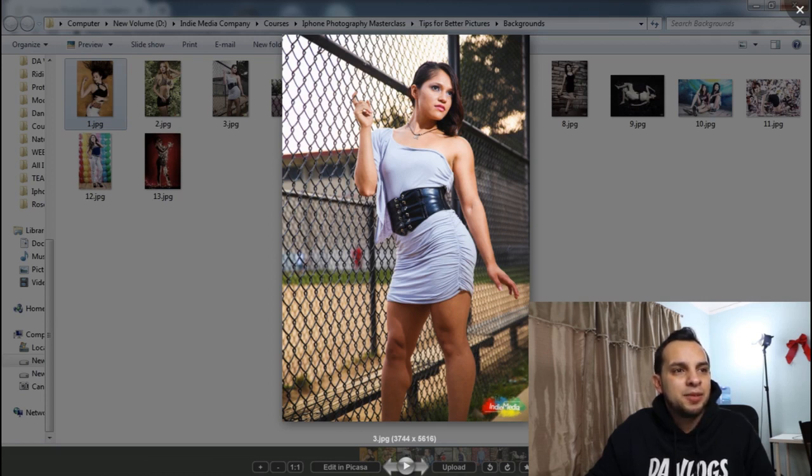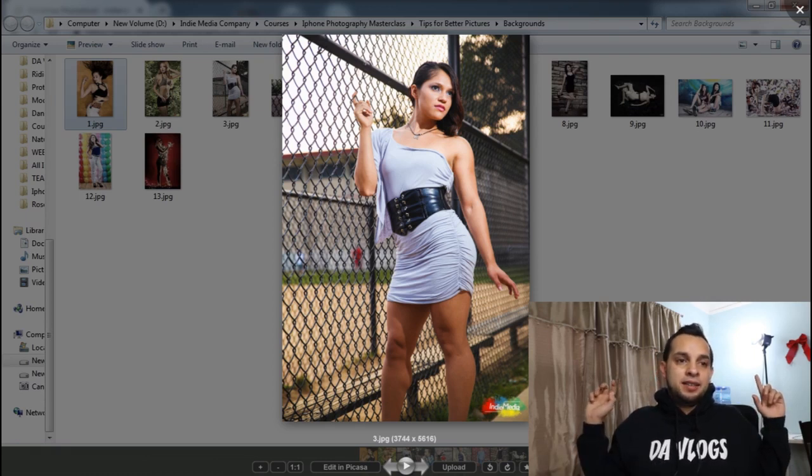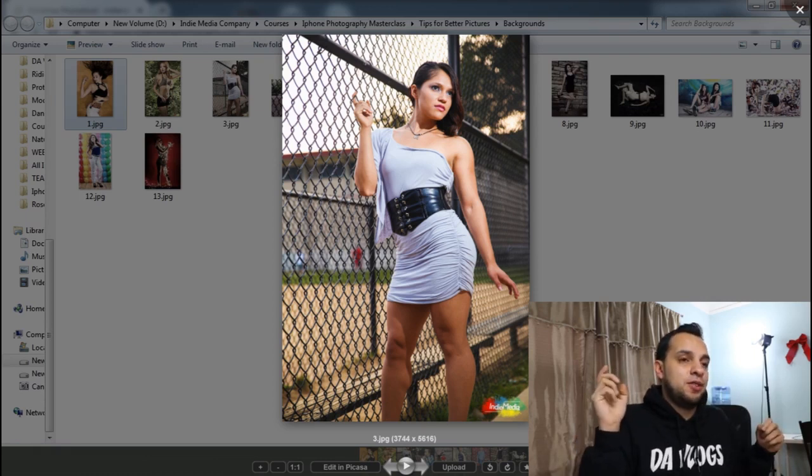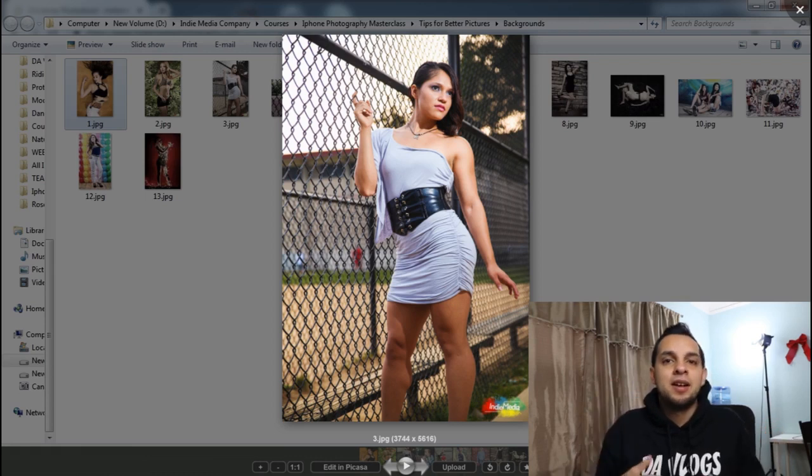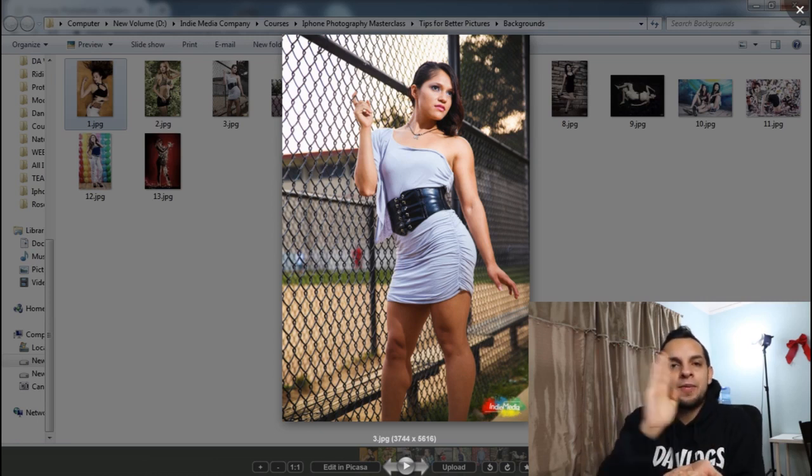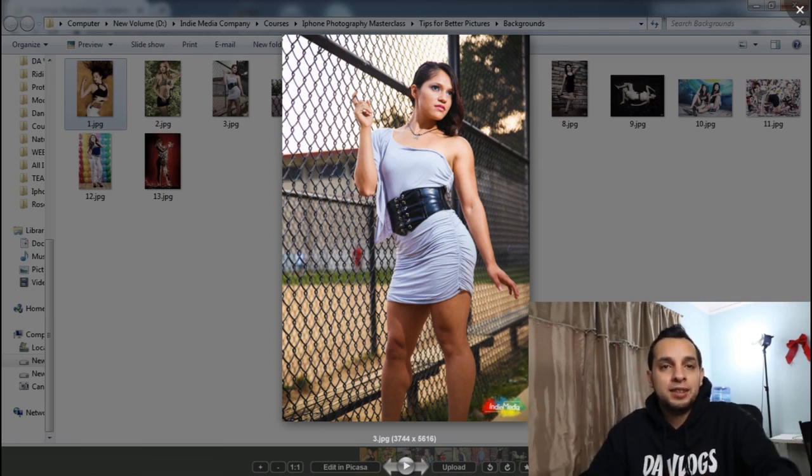And it just looked more interesting from a side than her leaning just on it, right? It gives her something to hold on to and pose better from a side than just straight on. So you can shoot straight on or from a side like this with an interesting background like that.